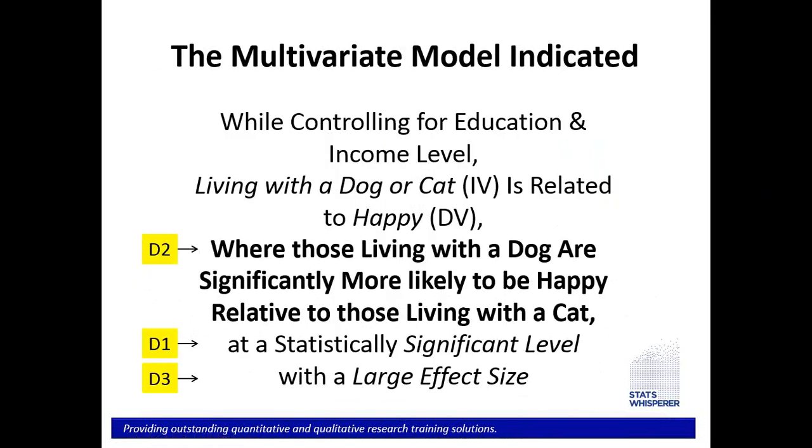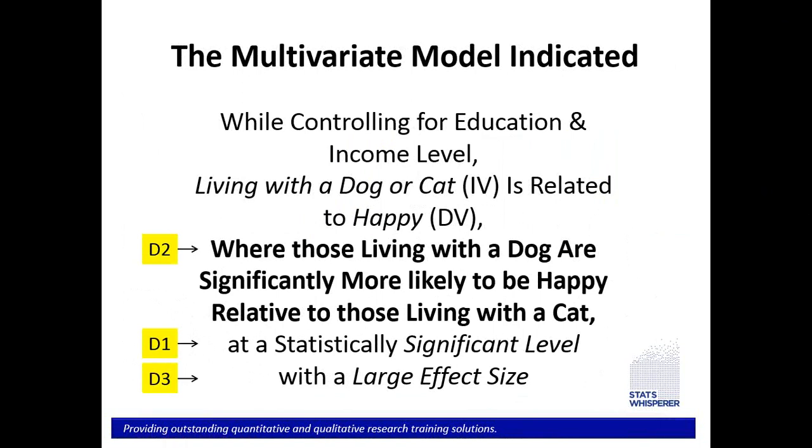So what did we identify here? Let's wrap it up. The multivariate model indicated, while controlling for education and income level, that living with a dog or cat is related to the dependent variable happy, where those living with a dog are significantly more likely to be happy relative to those living with a cat.